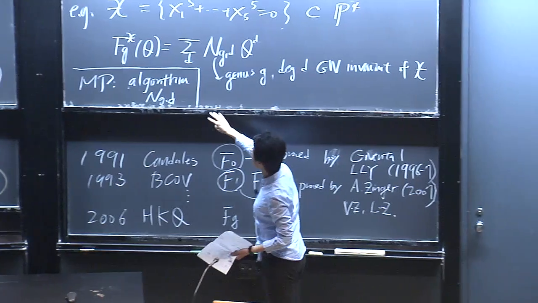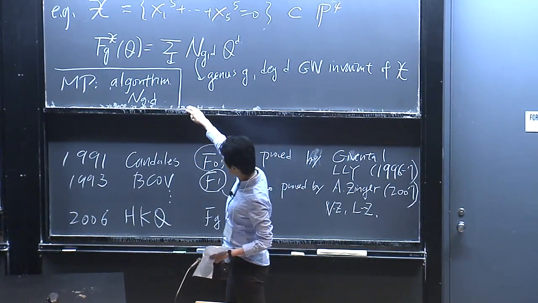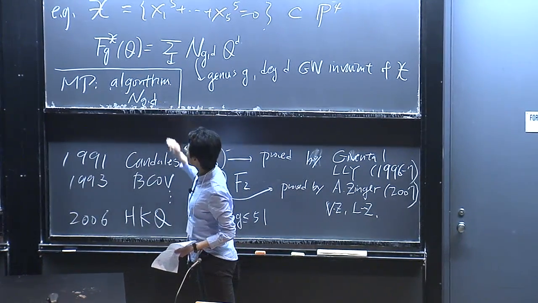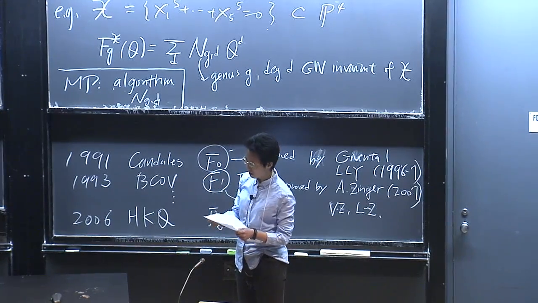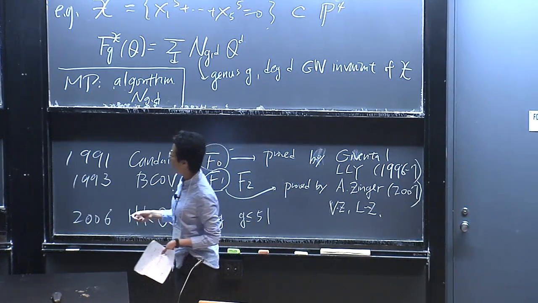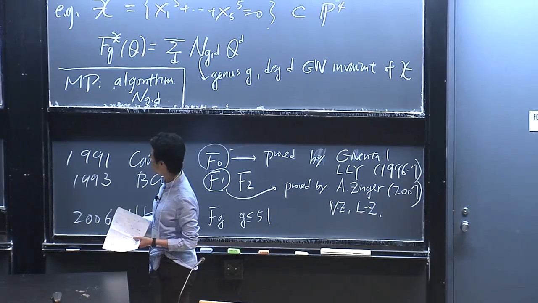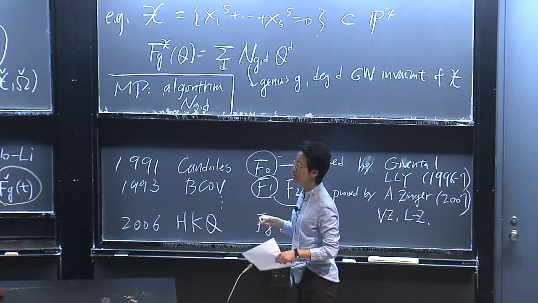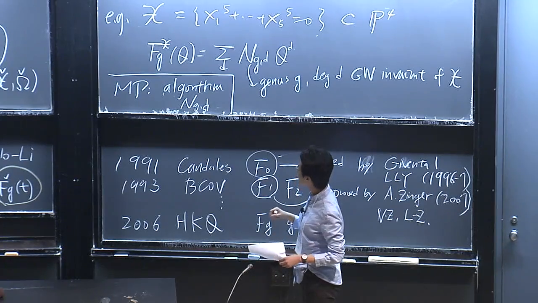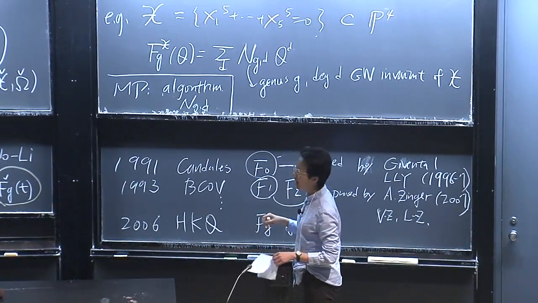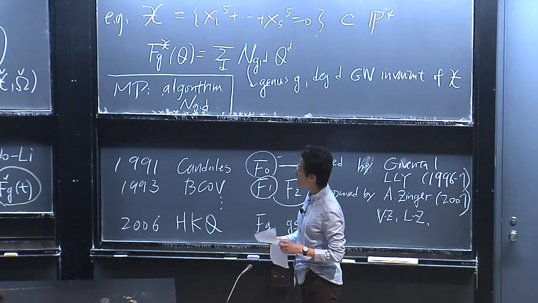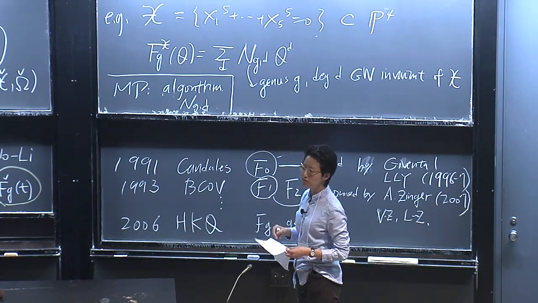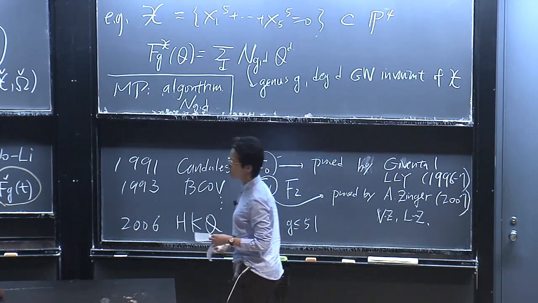In Jun Li's talk on Sunday, he will tell you another algorithm of computing this N_{g,d}. So in general, higher genus Gromov-Witten invariants of compact Calabi-Yau threefolds, such as the quintic threefold, and higher genus mirror symmetry are very important, but also very difficult problems.